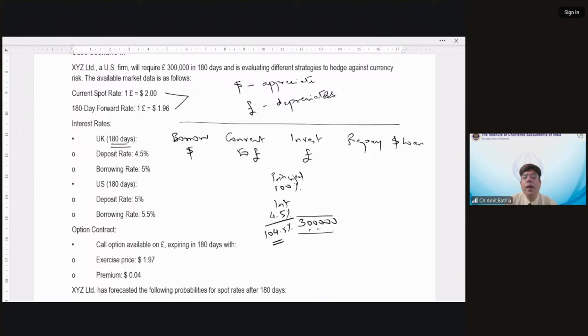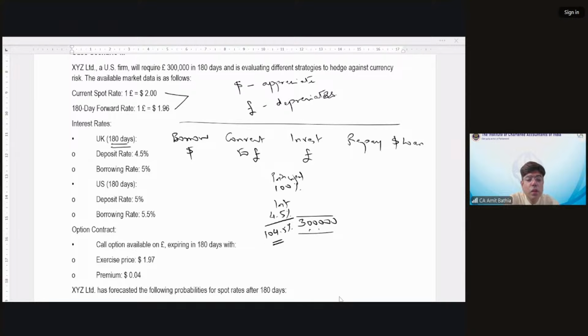So if 104.5% is 300,000, what will be 100%? By cross multiplication, it will be 300,000 into 100 divided by 104.5. I repeat, 300,000 into 100 divided by 104.5. So how much does that come to?